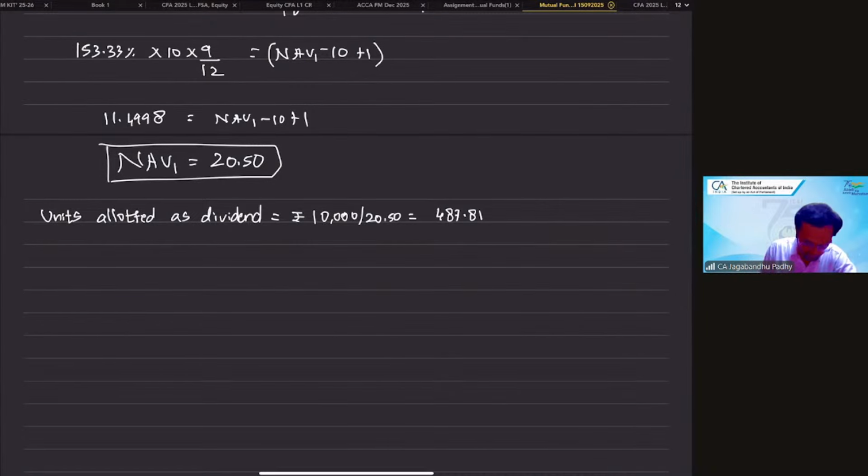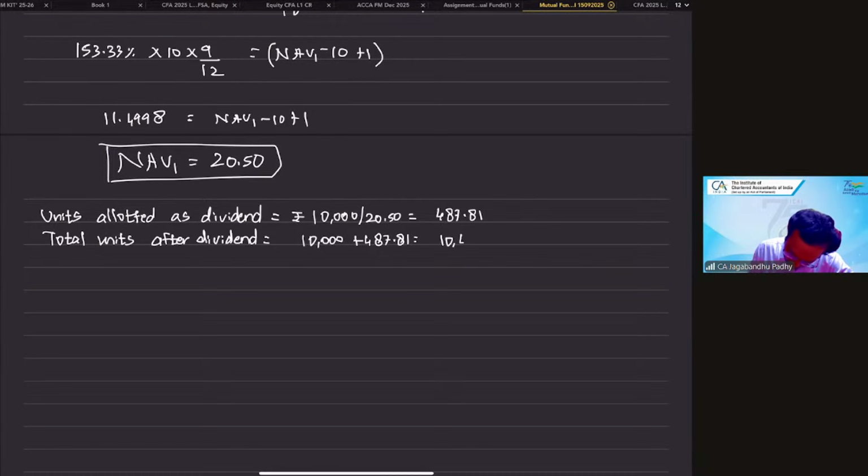So what is the total units after dividend? Total units after dividend is going to be 10,000 plus 487.81, so we have 10,487.81 units. This is the number of units as on 1/4/2008.